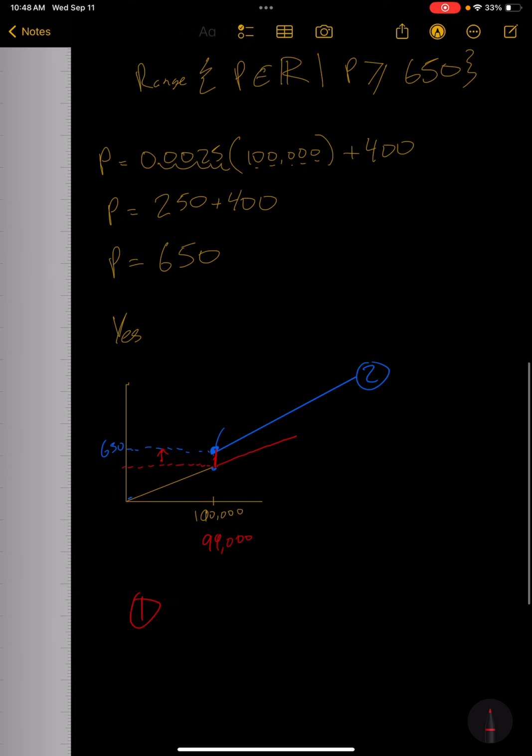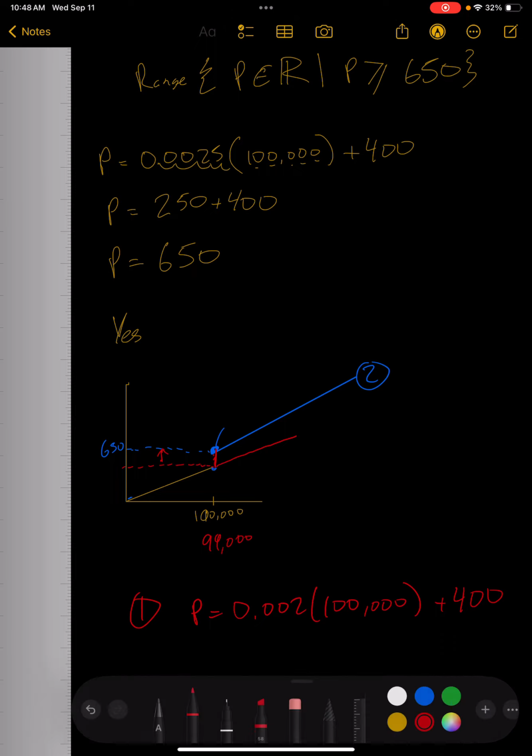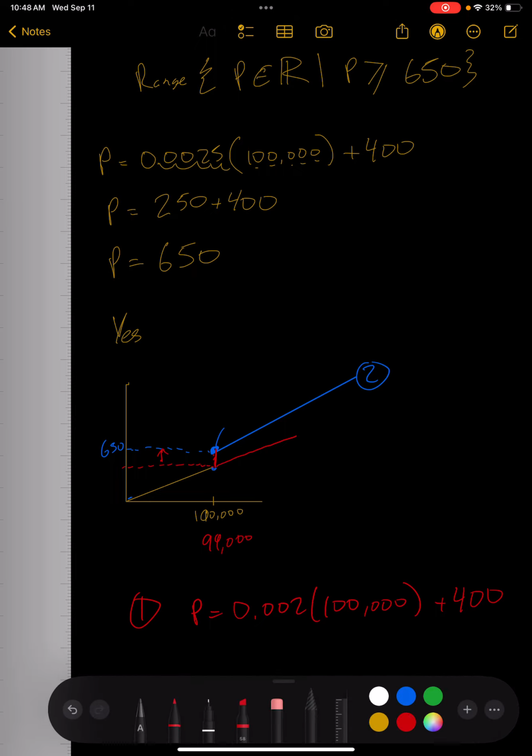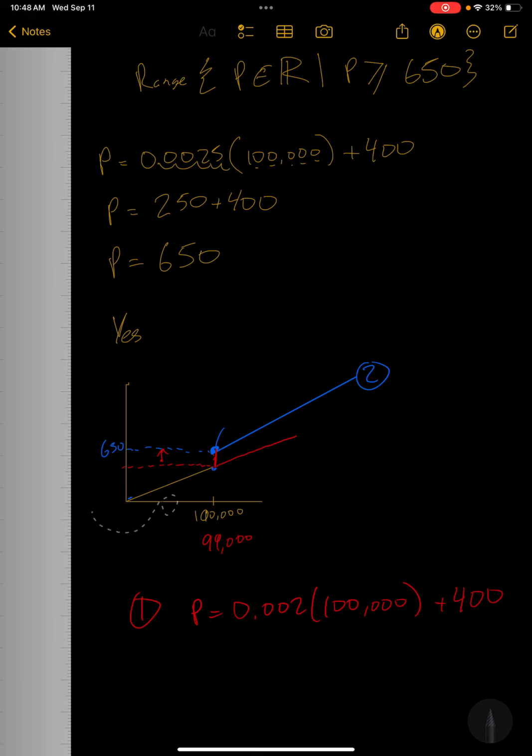So in equation 1, P equals 0.002 times 100,000 plus 400. Oh, and you know what? I made a mistake with this.